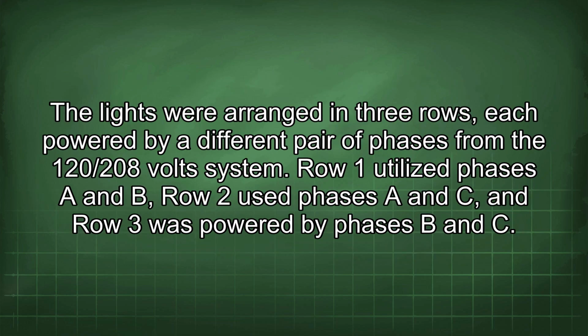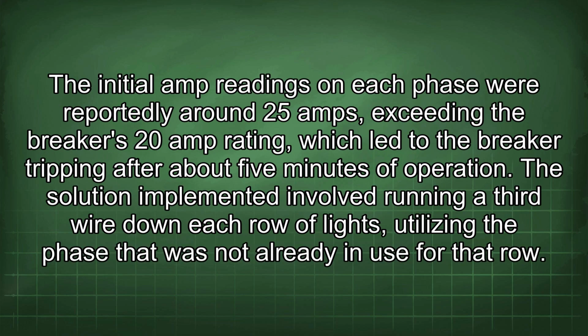The lights were arranged in 3 rows, each powered by a different pair of phases from the 120/208 volt system. Row 1 utilized phases A and B, row 2 used phases A and C, and row 3 was powered by phases B and C. The initial amp readings on each phase were reportedly around 25 amps, exceeding the breaker's 20 amp rating, which led to the breaker tripping after about 5 minutes of operation.